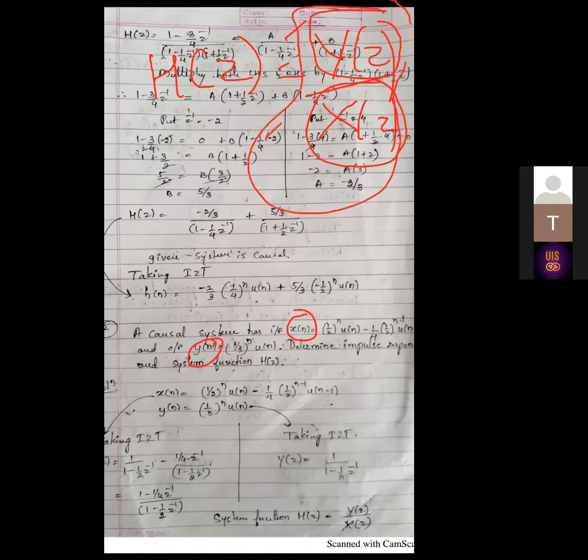You will get the system function H of z. This is the first part, applying the z transform. Second part, apply the inverse z transform to get the impulse response h of n. So let us try to solve this problem also.